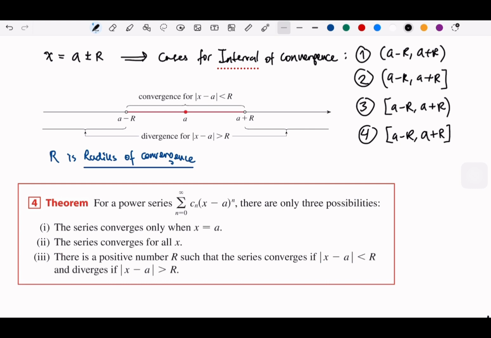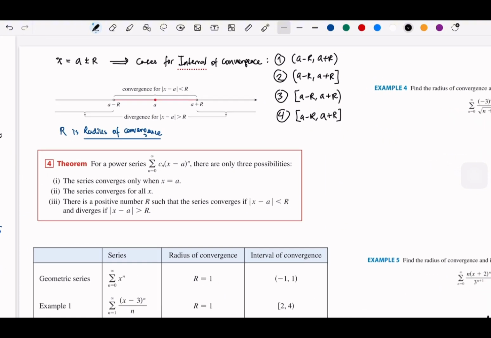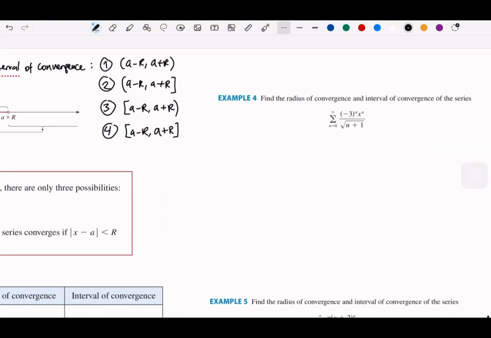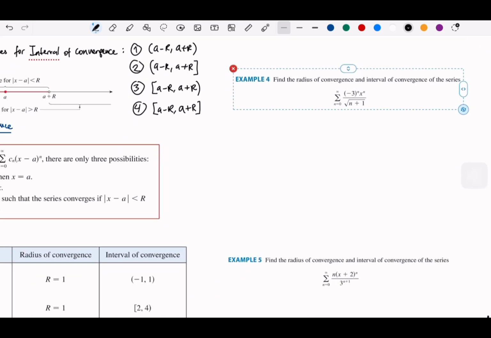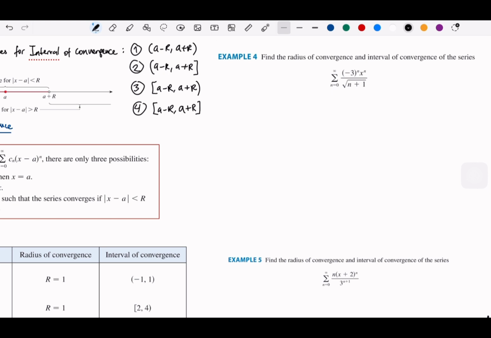Okay, so after you get the radius, you get the interval, you need to check each endpoint. So let's go for example here. Example 4. So you have negative 3 to the power of n, and then x to the power of n, divided by the square root of n plus 1.